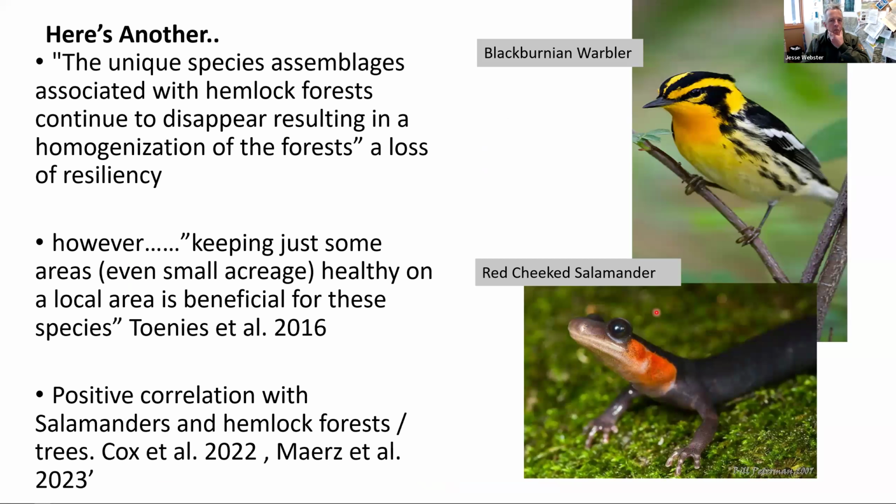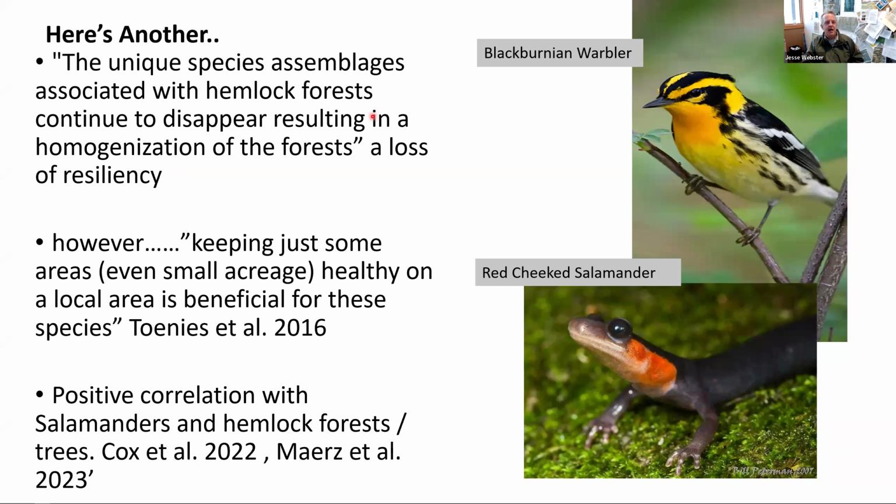But really, I think one of the big values that we have, and also the research to back that up, is that the biggest highlight for treating and saving these trees is some of the work done by Tony's group in 2016. They went back to hemlock forest, pre-adelgid infestation and also post, and they looked at neotropical migrants, migrant birds like the Blackburnian warbler.